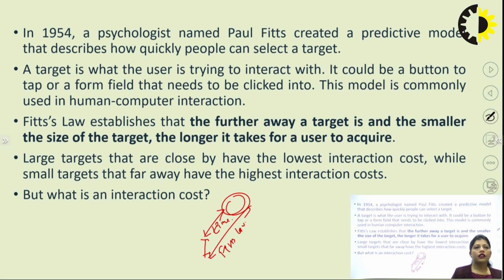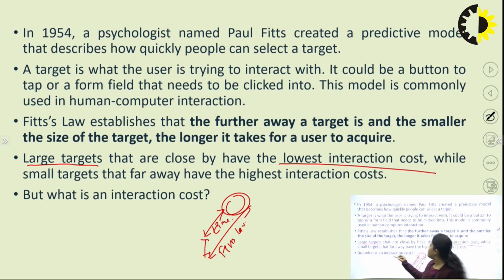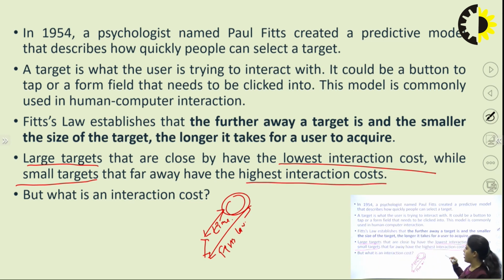Large targets that are close by have the lowest interaction cost, while small targets that are far away have the highest interaction cost. If the target size is large, then the interaction cost is low. Otherwise, if the target size is small, then the interaction cost is high. After that, we have to know what an interaction cost is.